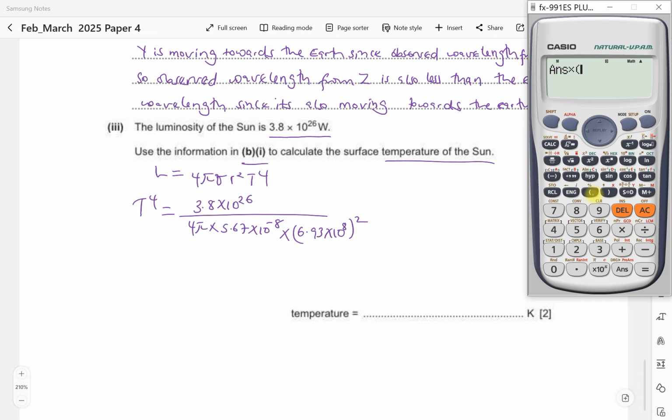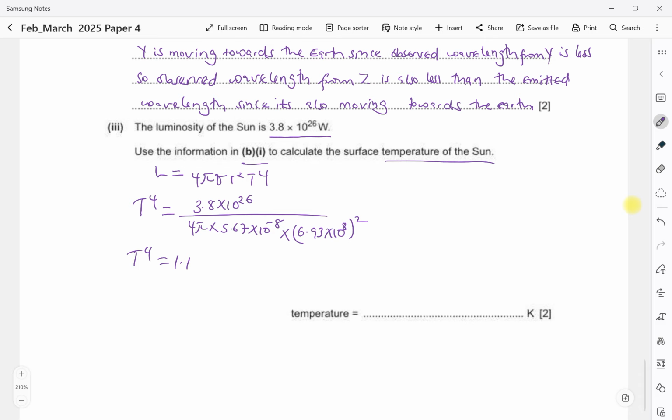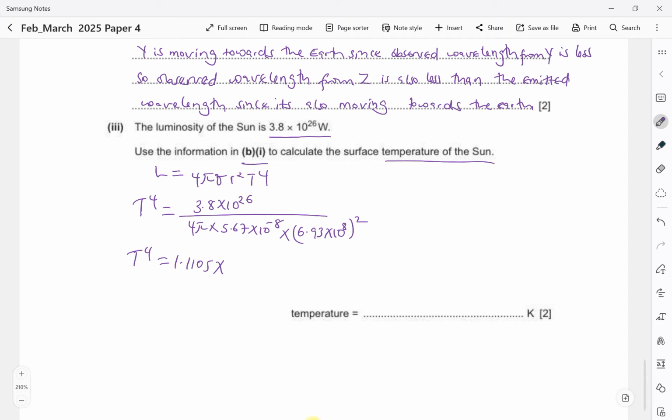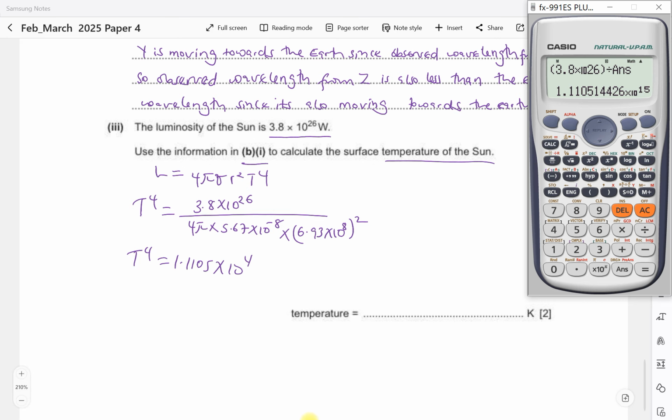Then times, open brackets, 6.93 exponent 8, but this is squared. Then I'll get 3.8 exponent 26 and I divide by the answer. So T to the power of 4 is equal to 1.1105 times 10 to the power of 15.